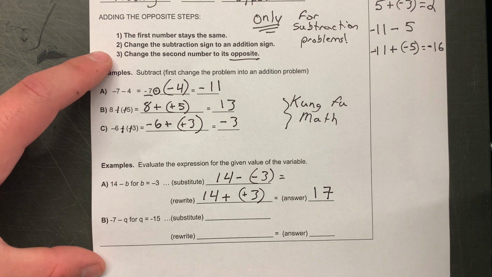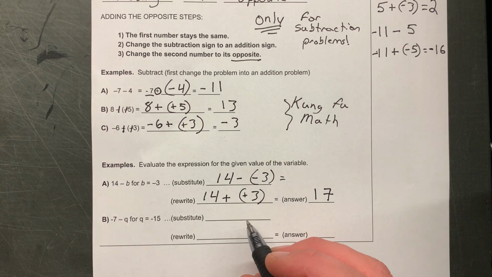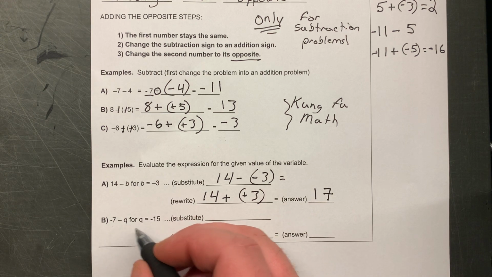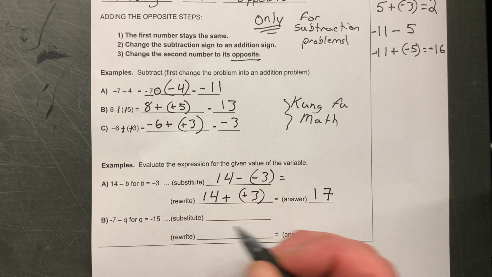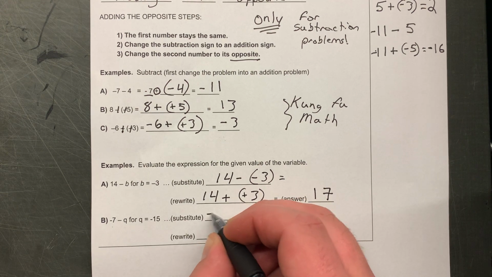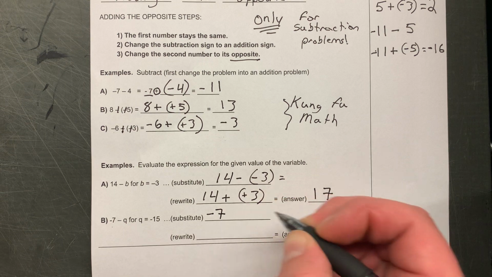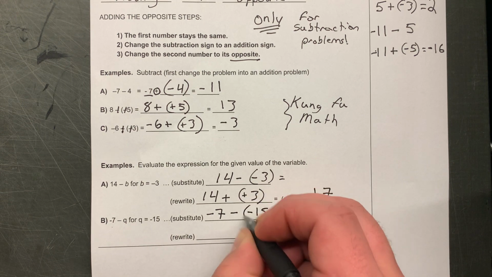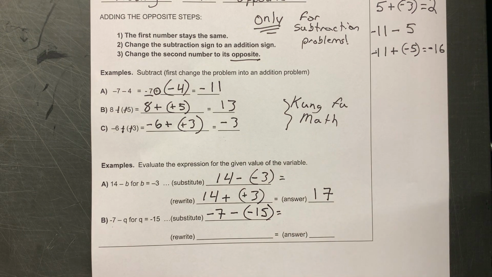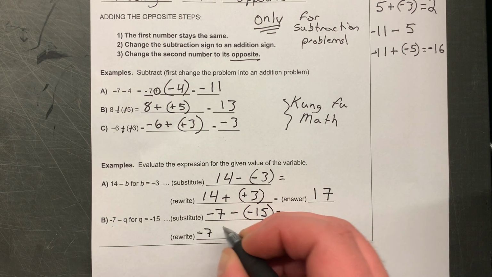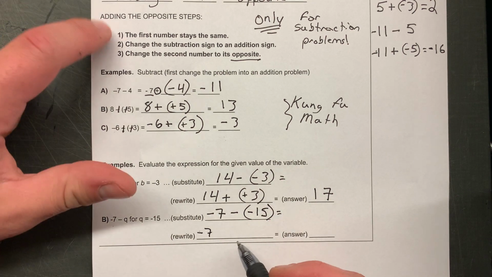Let's go ahead down to B. I have -7 minus q when q is -15. Let's substitute it in first. -7 minus -15 equals. We're going to rewrite this equation now. -7, the first number, is staying the same.